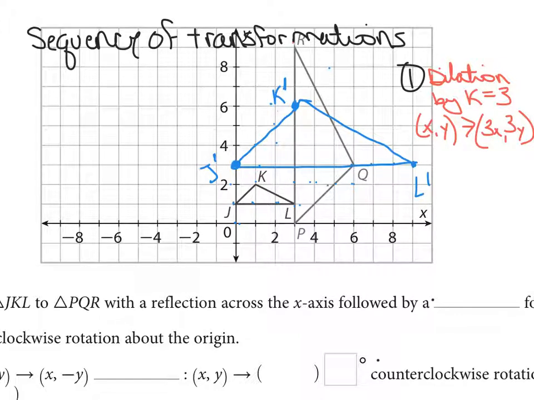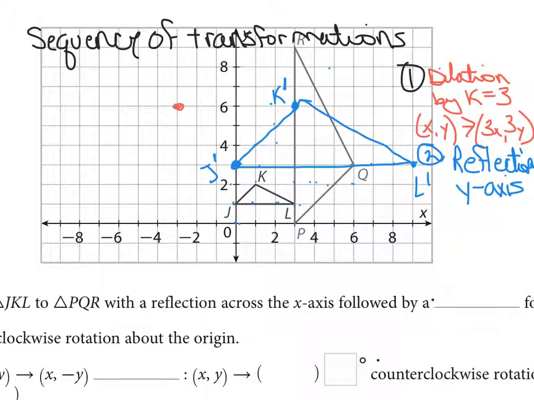It looks to me like the second thing we need to do is a reflection across the y-axis. When we do that, 1, 2, 3, 1, 2, 3. I'm going to do this one in red.